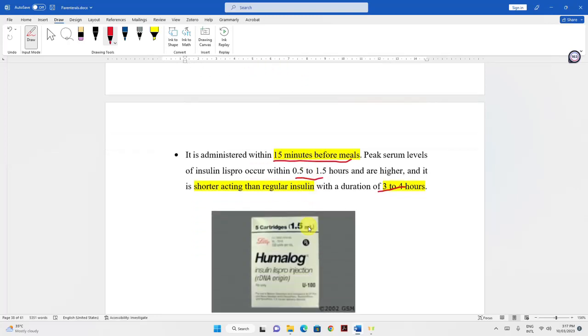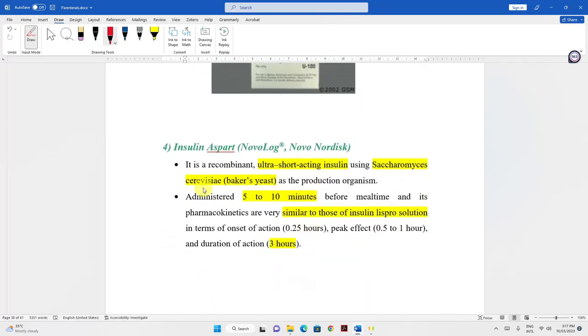Another ultra short acting insulin is insulin aspart. The product name is Novolog, and Novolog is from Novo Nordisk.